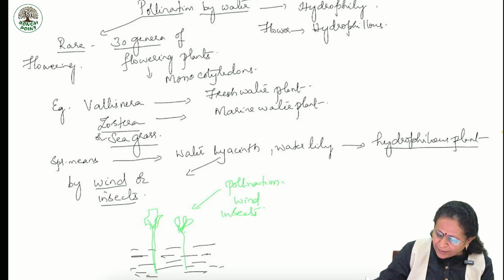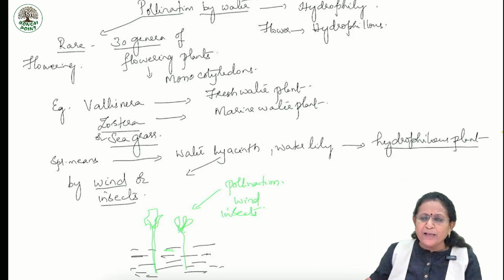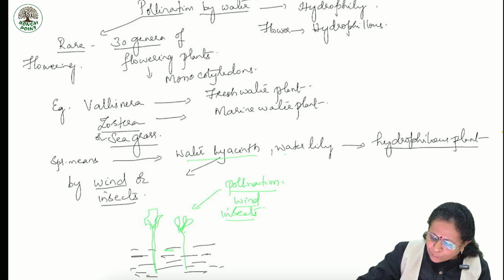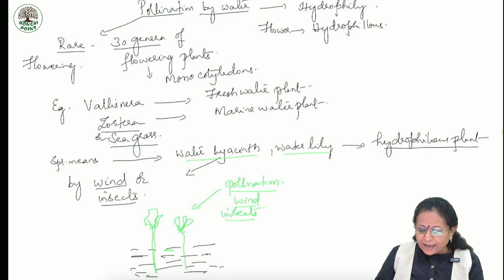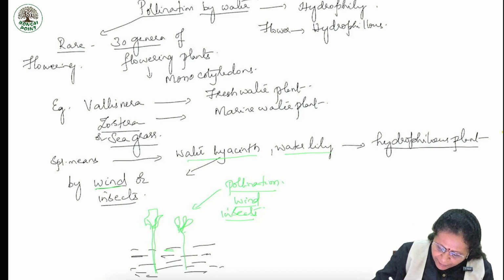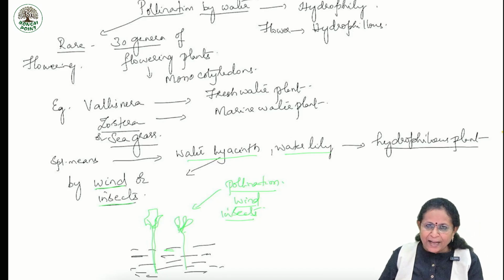They do not come in contact with the surface of water even. They emerge above the level of water surface. Hence, we say pollination in such plants like water hyacinth and water lily, which are hydrophilous plants, takes place by wind or insects, just like in other land plants.